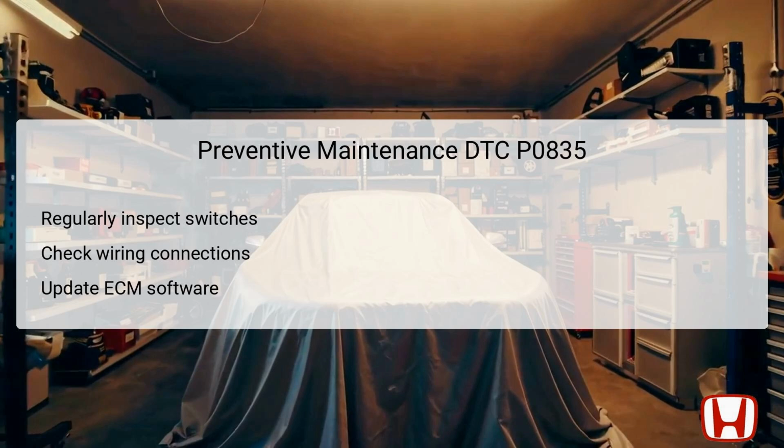By incorporating these maintenance practices, vehicle owners can minimize the risk of intermittent malfunctions and ensure the longevity of their vehicles. Active participation in preventive measures contributes to a more reliable driving experience and enhances vehicle safety.